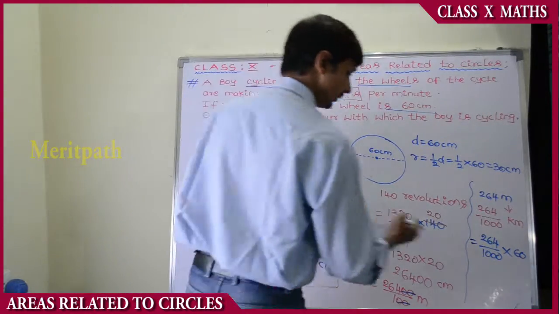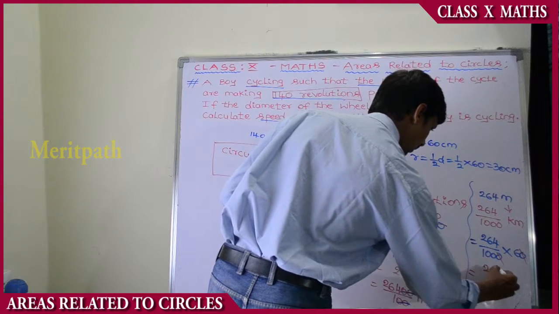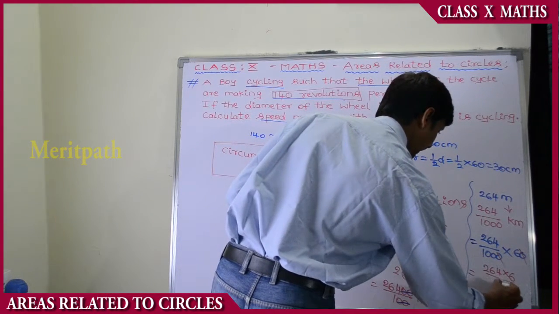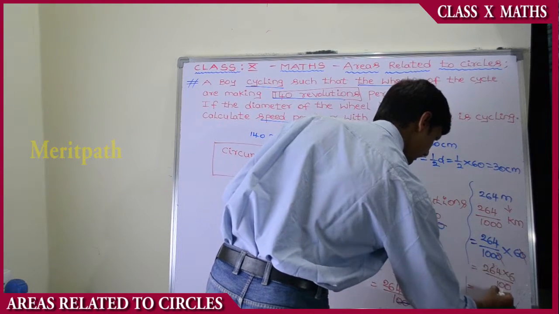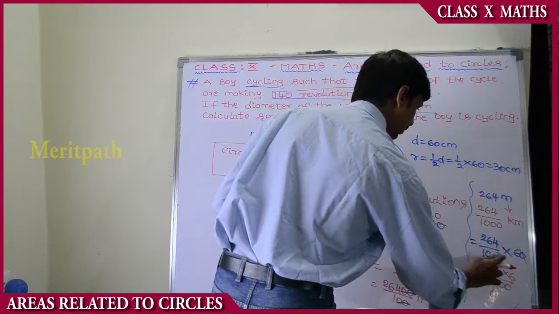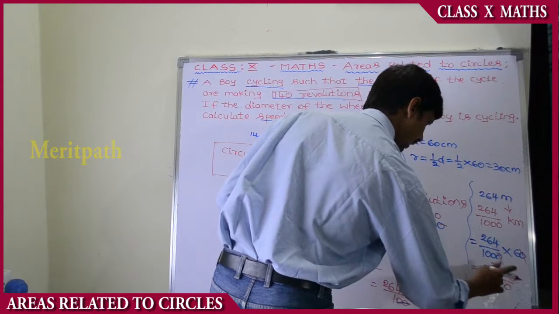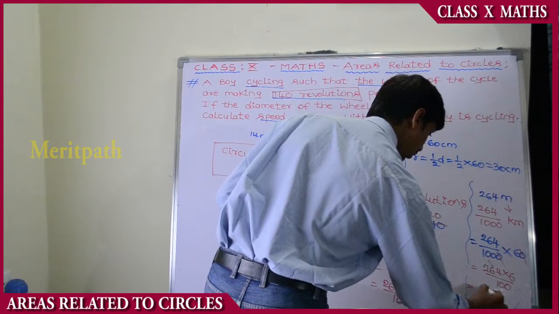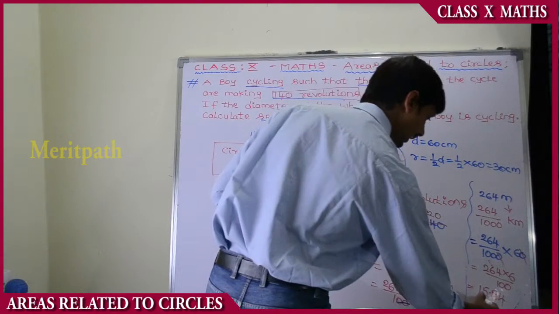So let's cancel this. 264 into 6 divided by 100. After multiplication, we'll be getting 15.84. That is kilometers per hour.